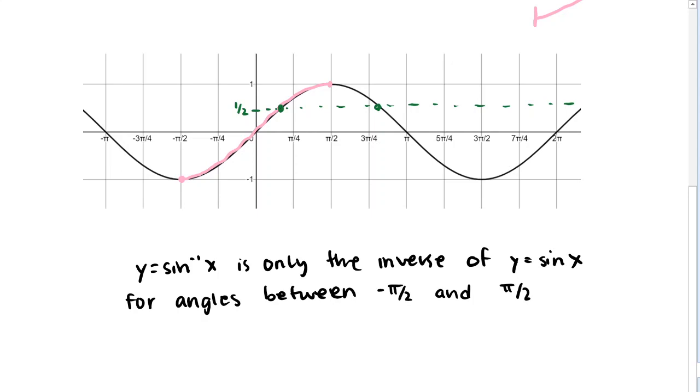On this interval, the sine function passes the horizontal line test. It's only going to give us one specific value for every given input. And so this is where we've defined our sine inverse function, and these are the only outputs we're going to get from our sine inverse function: angles between negative pi over 2 and pi over 2.